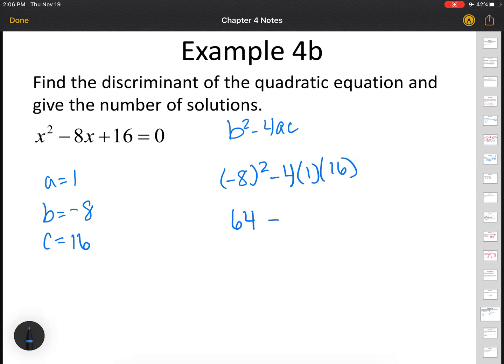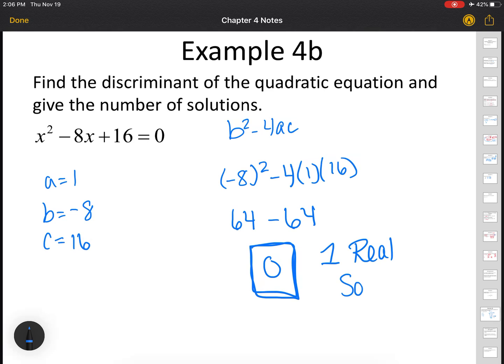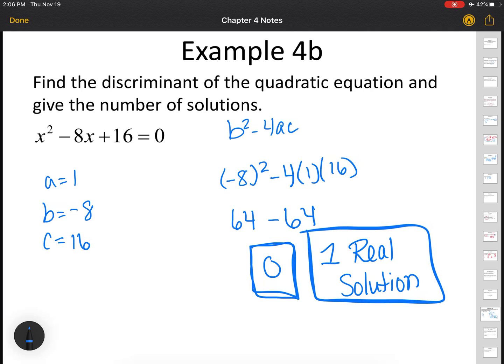Minus 4 times 1 times 16, well, that's 64 too. And 64 minus 64 is 0. So my discriminant is 0. So the number of solutions here is 1. And the type is real solution, not imaginary. So there's one real solution on this one. Okay? So before I even go doing quadratic formula and graphing it, I know it's going to cross the x-axis one time. There's one 0 or one root.